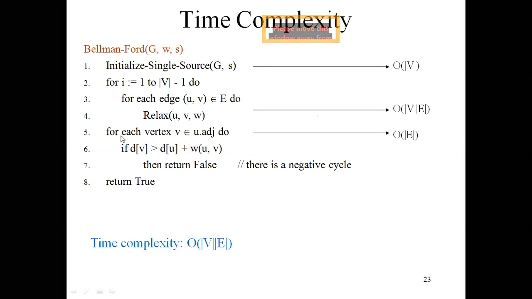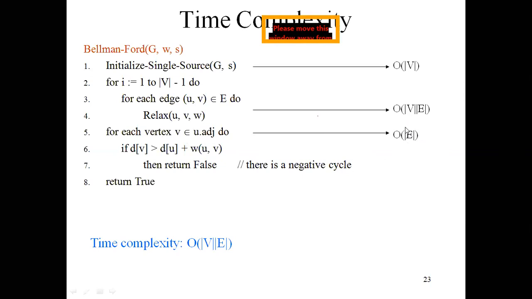So now see the third step. For each vertex v belongs to u dot adjacent, do. This is for finding the negative cycle. For finding the negative cycle, we need to consider all the edges. So we are checking the edge values, that is d of v is greater than d of u plus w of u comma v, done once.